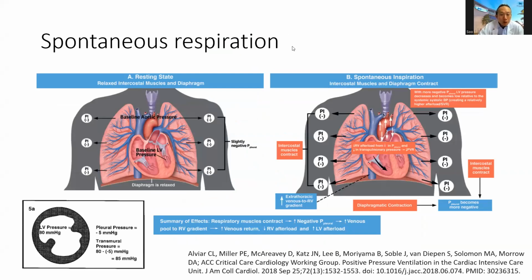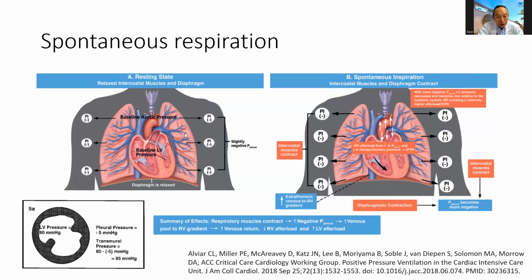During spontaneous respiration, the first thing that occurs is the diaphragm contraction. In a resting state, you have all the things we mentioned just now. The pleural cavity and the pleural space itself is a little bit negative because of the small amount of fluid between your pleura and your rib cage.